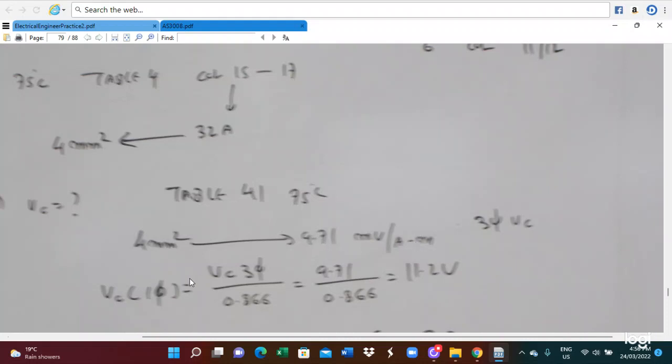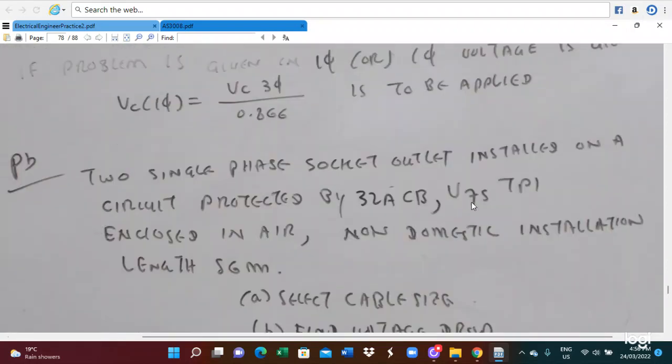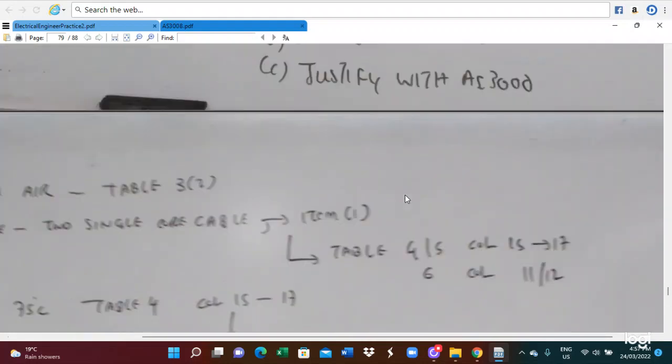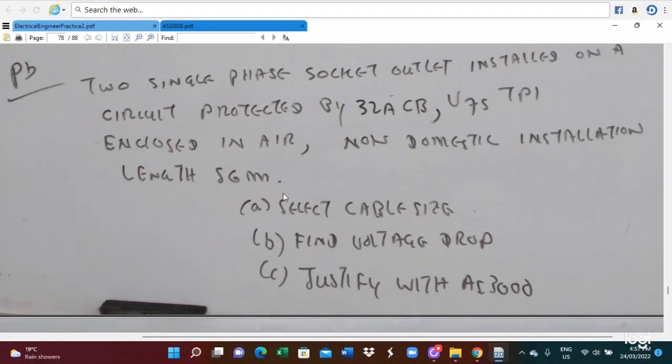This is for the three-phase VC, but this problem is given as single phase. Therefore, this VC has to be converted to single phase: the three-phase VC divided by 0.86. So 9.71 divided by 0.86 gives 11.2, the single-phase VC. Then on the circuit the length is already given as 50 meters and the current is 32.